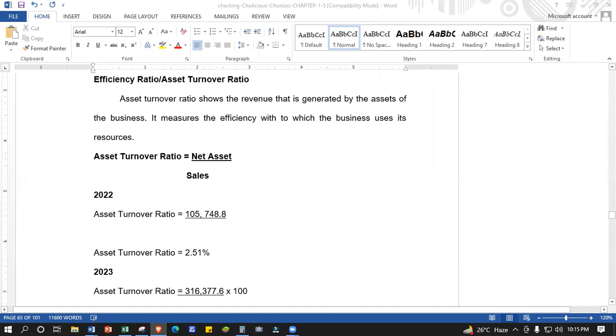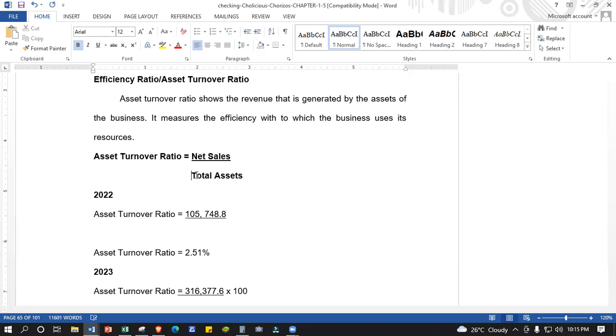Net assets divided by sales? So, net sales divided by assets, asset turnover. Okay, it's reversed. It should be net sales divided by average total assets. Or just total assets.